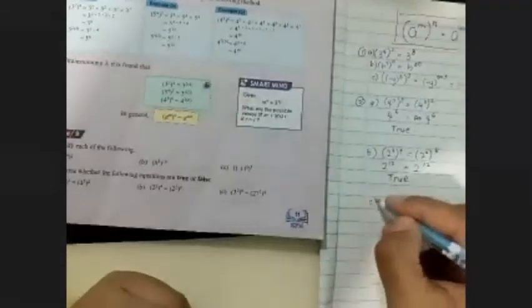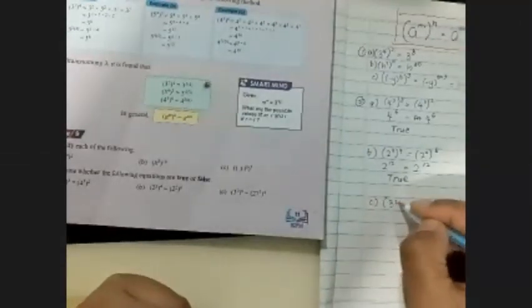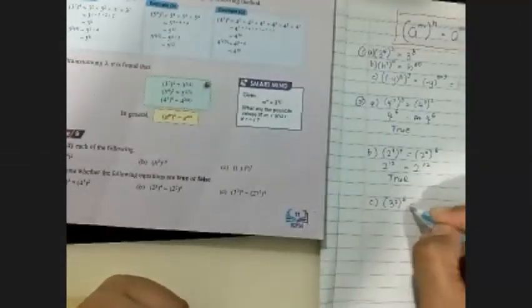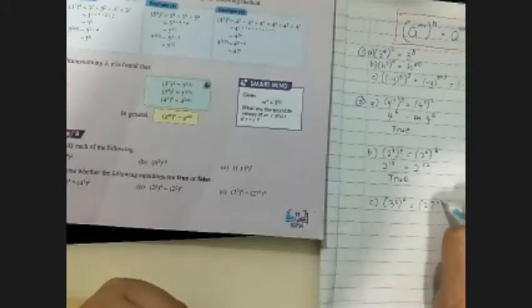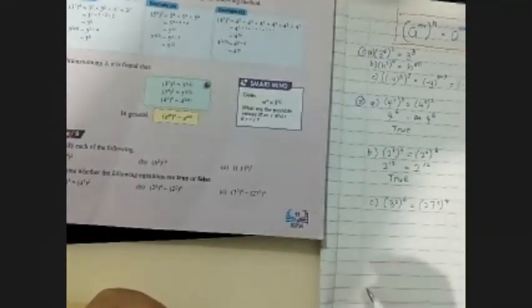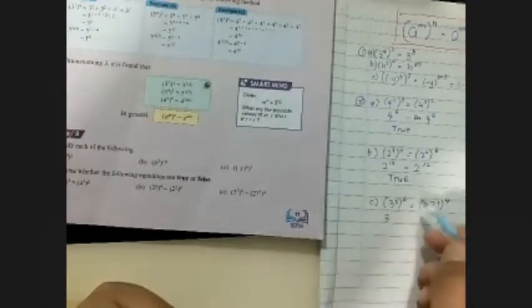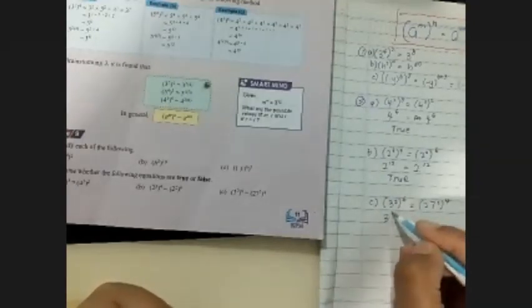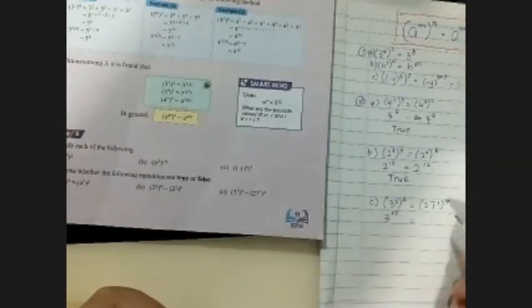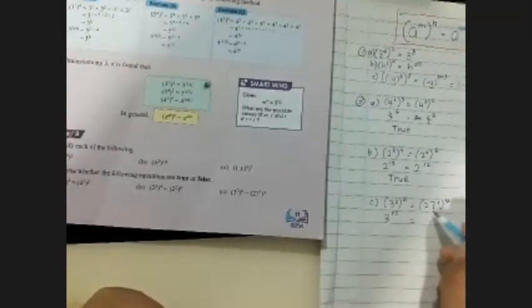Okay, C. 3 power of 2 power of 6 equal to 27 power of 2 power of 4. 3 power of 2 multiply 6, 12, equal to 27. We need to change to the smallest base.